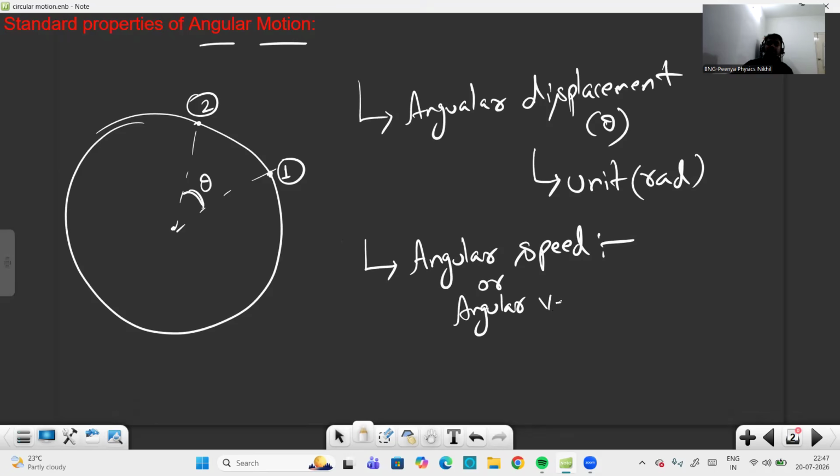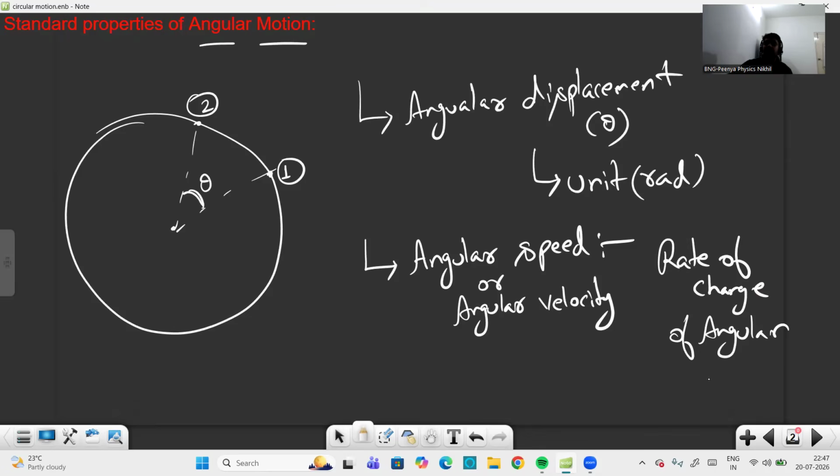The rate of change of angular displacement is called angular velocity. Correct. Its unit will be radian per second.